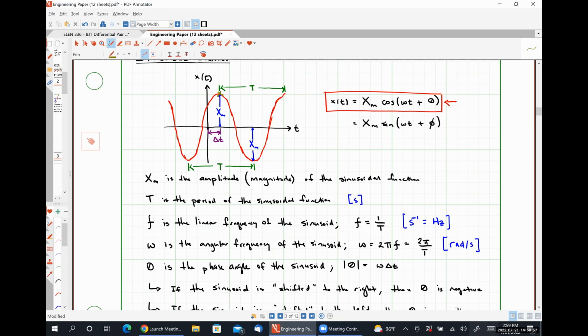So that's why I know that theta must be a negative number.